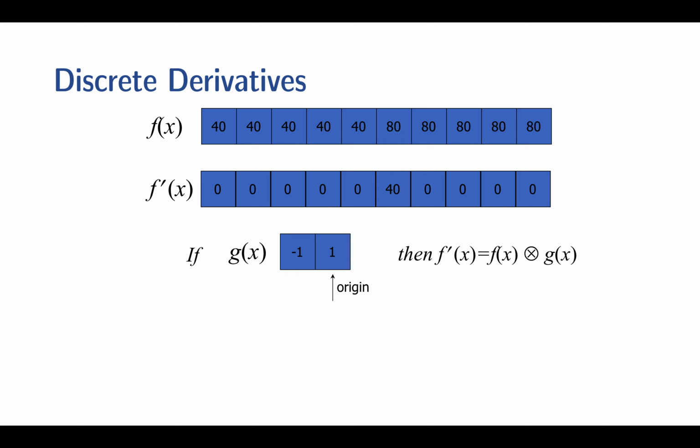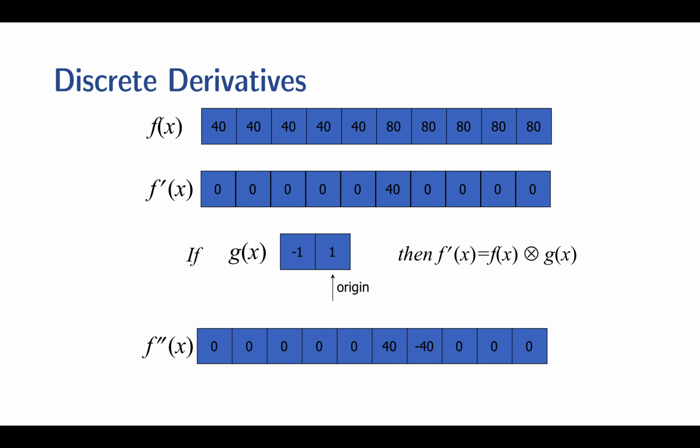You try all locations, you do point by point multiplication and sum. So it's a multiplication plus an addition operation, and in that sense, it's a linear operator. Convolution itself is a linear operation because it's just multiplication and addition. All right, so once I know how to find the derivative, I can even find the double derivative just by applying the same mask again.